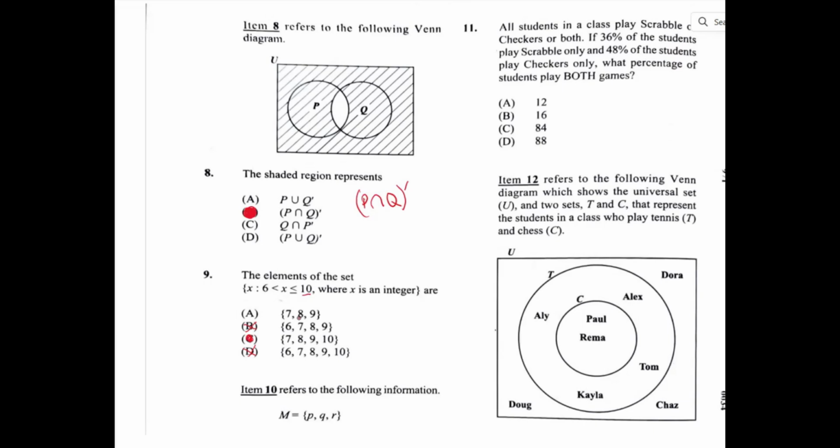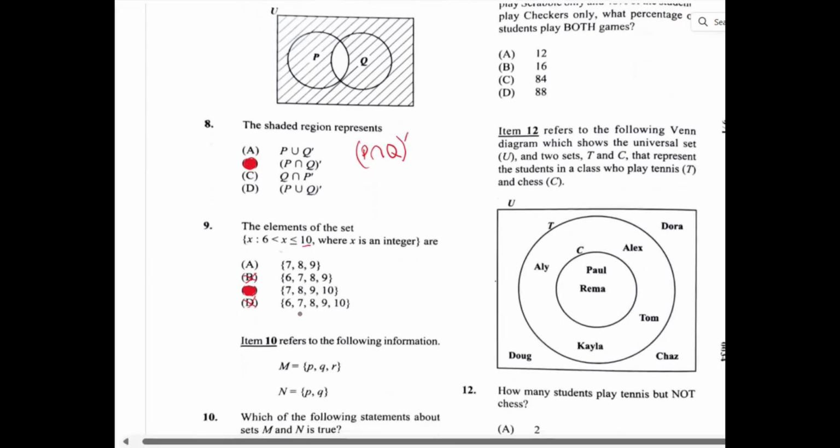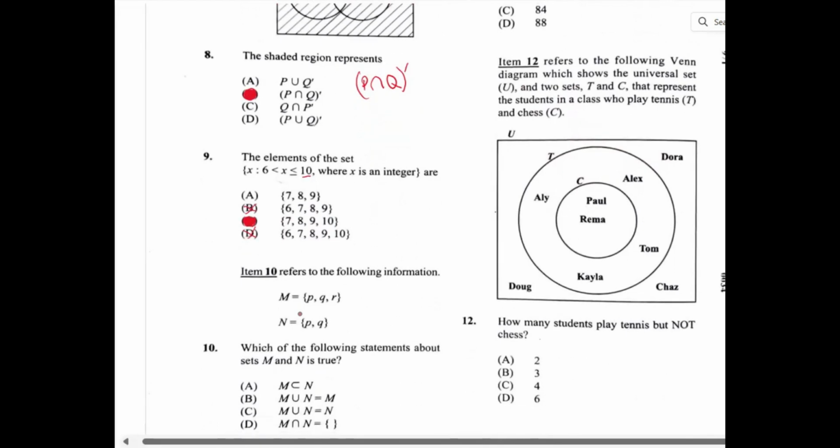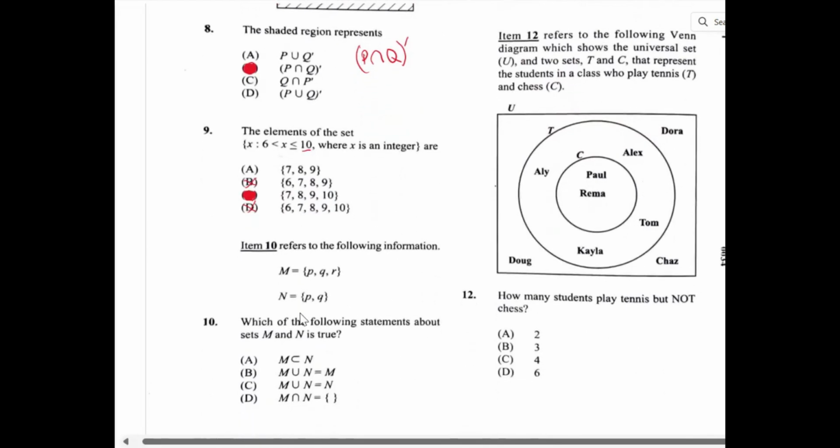So you start with 7 and you end with 10, because the less than sign first tells you to exclude 6, but the less than or equal to sign that comes before 10 tells you to include the 10. Now it's good for you to know what is not the answer, so in case you cannot follow through with your thought process, at least if you have to guess, you would guess from answers that make sense, right?